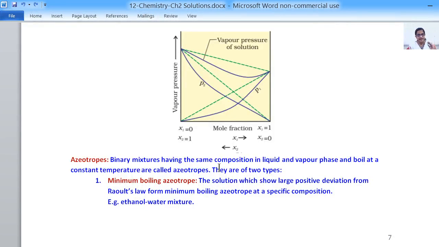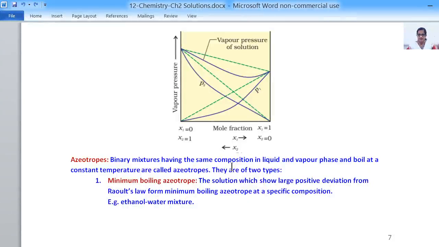Binary mixture means it consists of two components, and they have the same composition in the liquid phase as well as in the vapor phase. And also one more peculiarity is there, they boil at constant temperature. Such a binary mixture, we can call azeotropes.